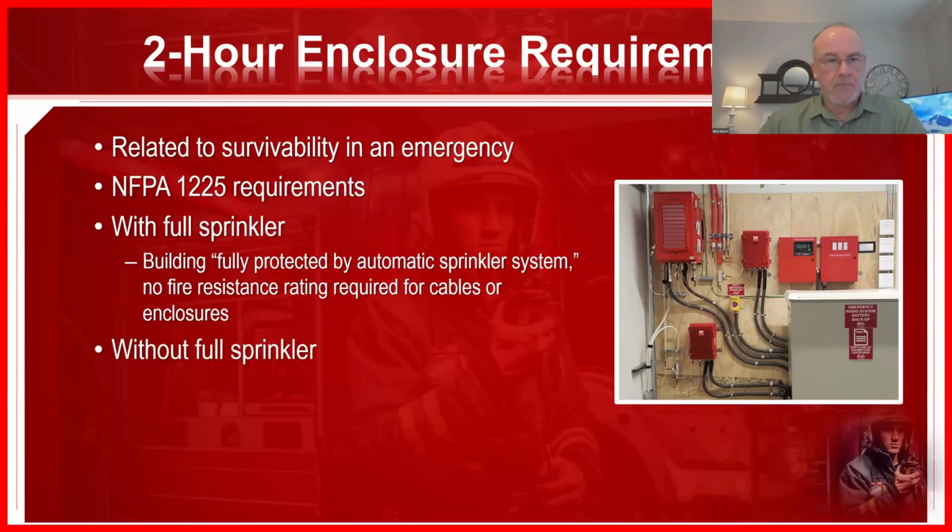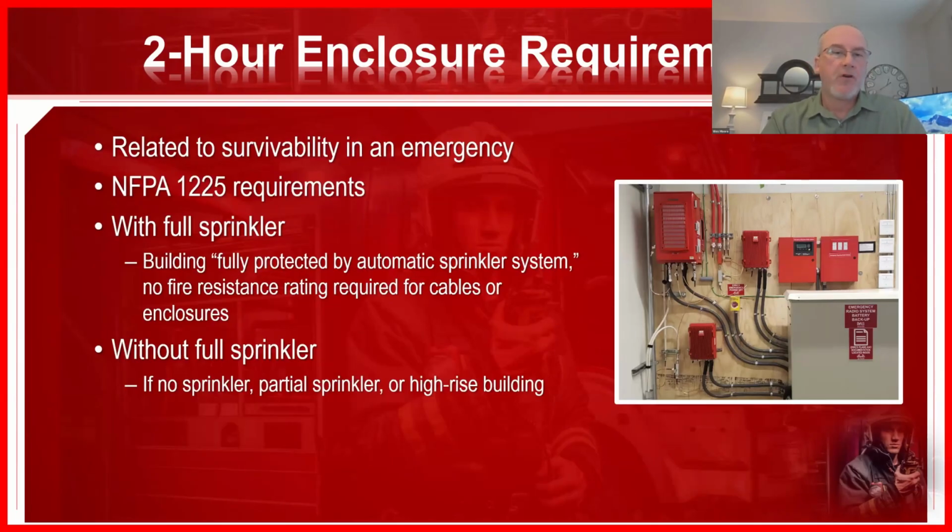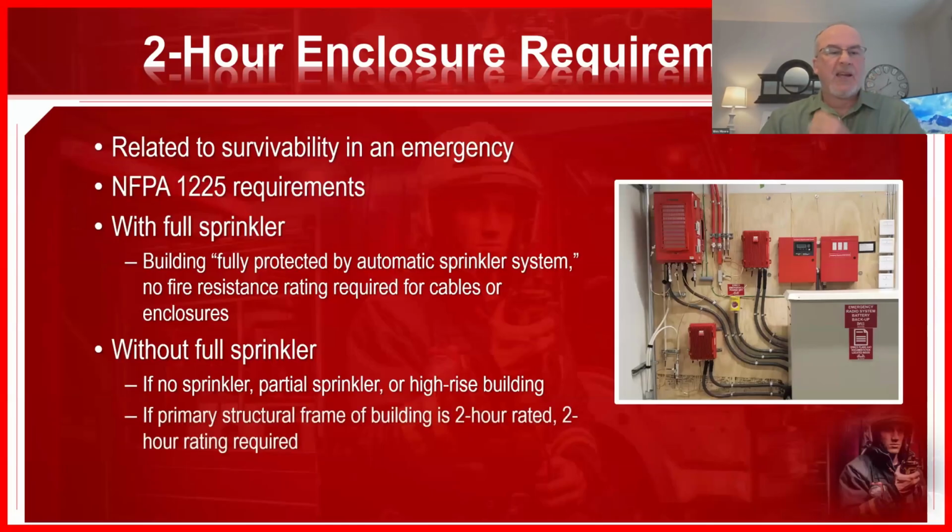But if you don't, and I'm not a sprinkler expert, but I would think that most buildings don't have that kind of coverage, then it says if you don't have a sprinkler at all, if you only have a partial sprinkler system, or if you're in a high-rise building, then if the primary structural frame of the building is 2-hour rated, then the equipment and pieces of that cabling system, backbone cabling, mostly to the donor antenna, need to be 2-hour rated, okay?